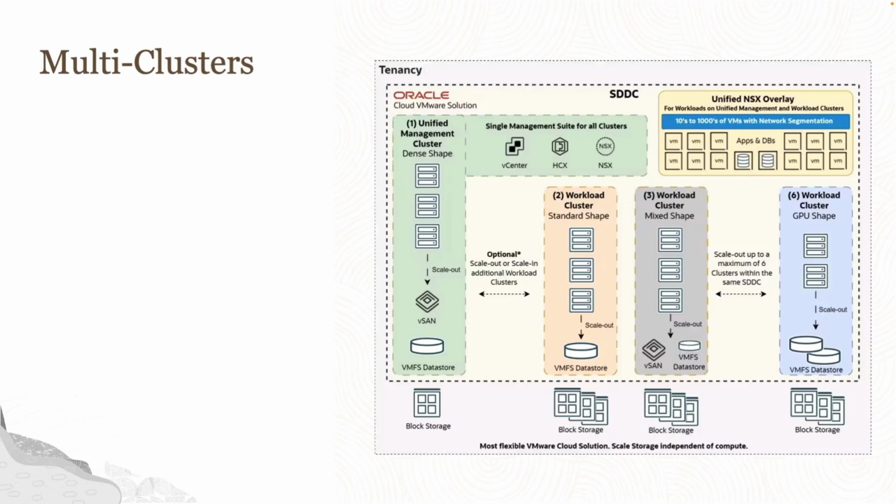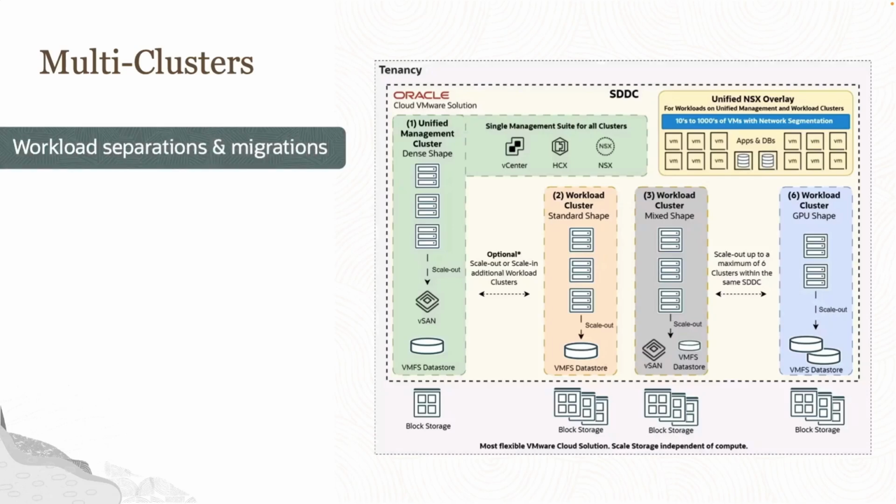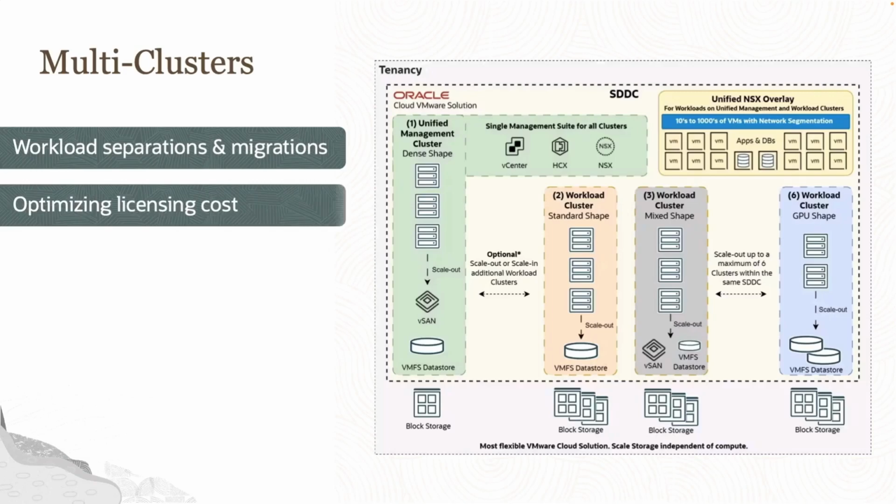What are the use cases of using multi-clusters? You can use it for migrations and workload separations. You could use it for migrating the entire on-premises workloads and then separate those business-critical workloads from non-critical workloads. Multi-cluster SDDC can help you to optimize your licensing cost.